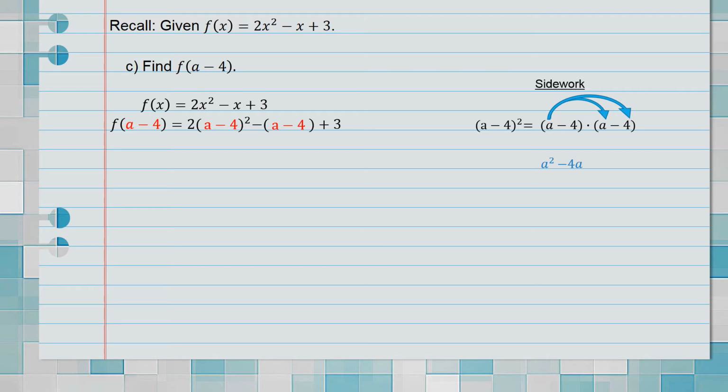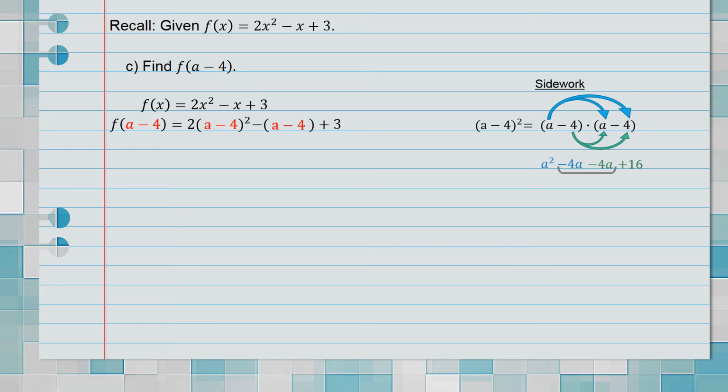We're done distributing that a. Now we must distribute the next value, which is a negative 4. Negative 4 times a is negative 4a. Negative 4 times negative 4 is a positive 16. So now we have 4 terms, and we want to see if we can combine any like terms.